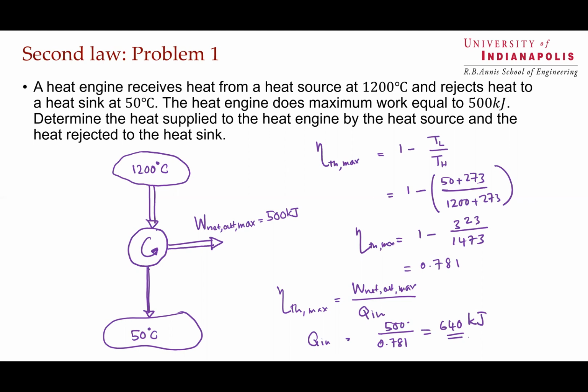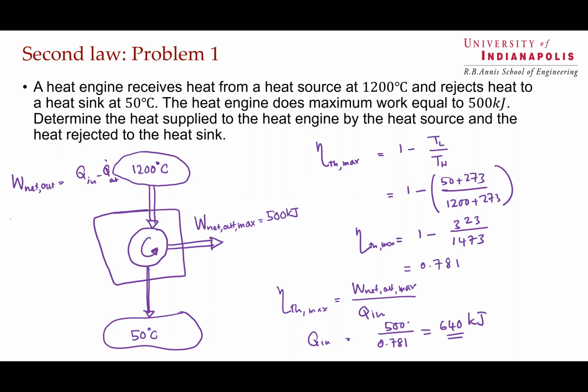And then you know that from the first law of thermodynamics, I can apply the first law for this entire system, right? For the cyclic process, W net out is equal to Q in minus Q out.